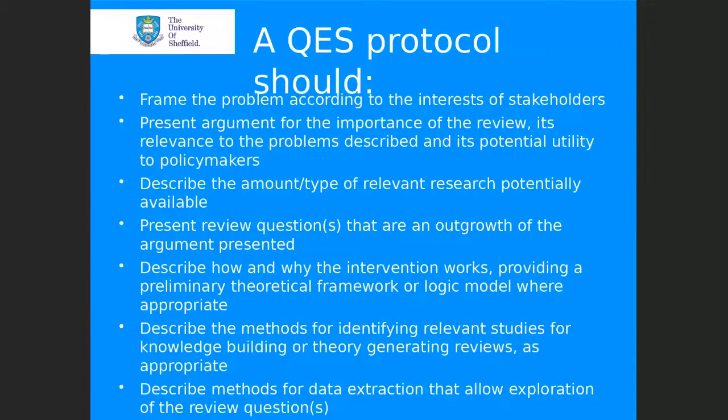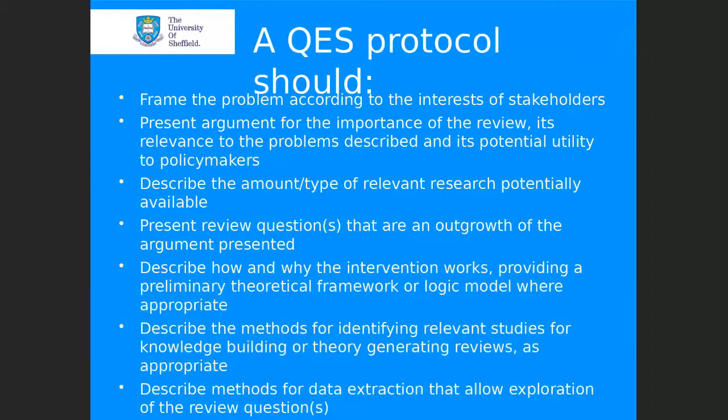And if we think about a qualitative evidence synthesis protocol specifically, then one of the characteristics is engagement with the stakeholders who will help to identify what they consider important as a line of inquiry. We should present an argument for the importance of the review and its relevance, as we would do for a quantitative protocol.